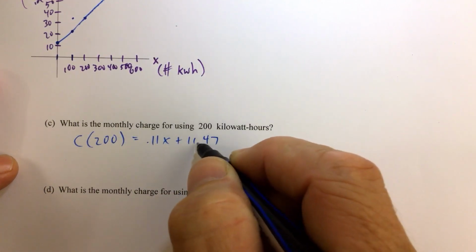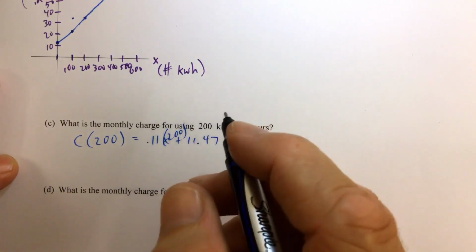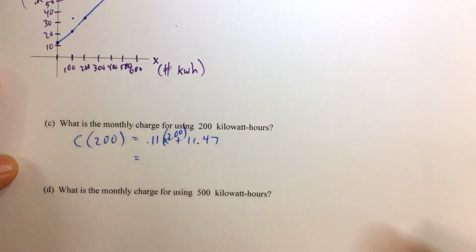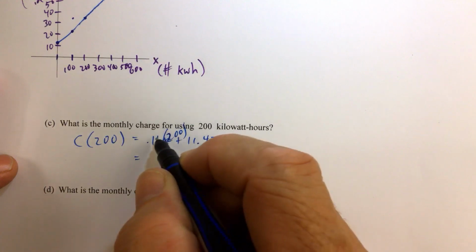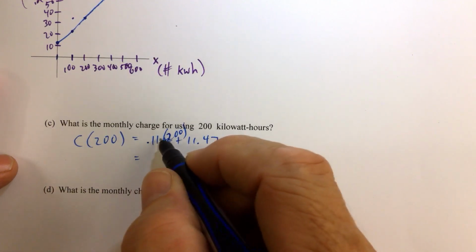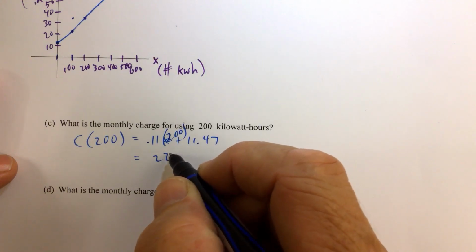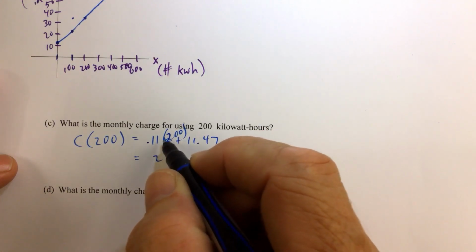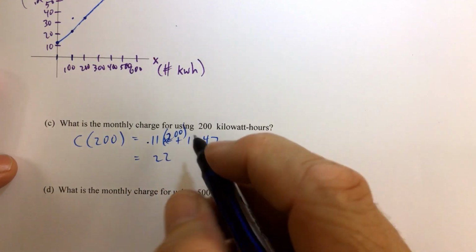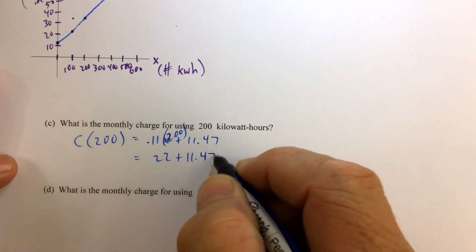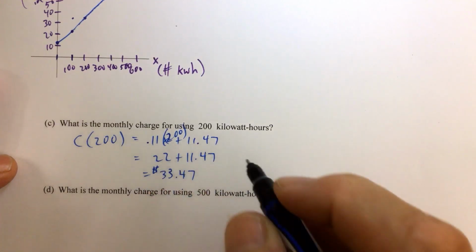So we put a 200 in place of x. 200 times 0.11: 2 times 11 is 22, and 200 times 0.11 is 22. Then we add to that 11.47, so we get 33.47. That would be dollars.